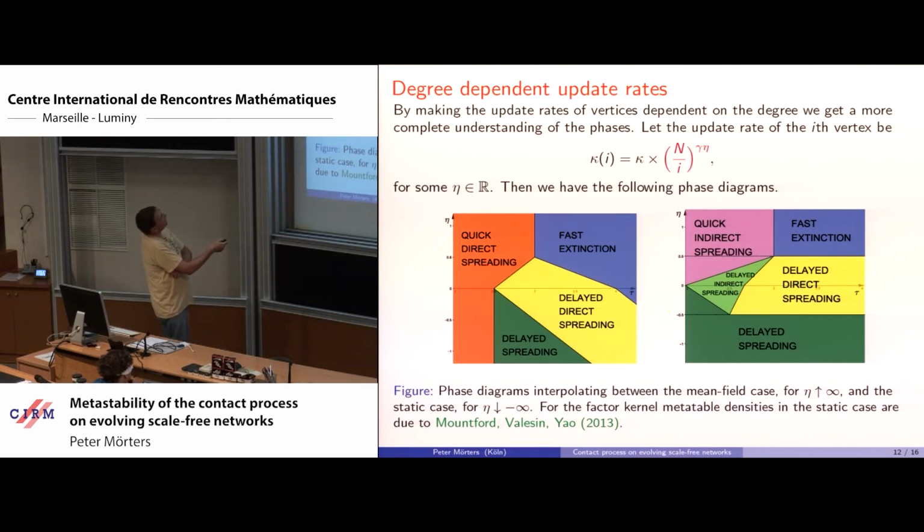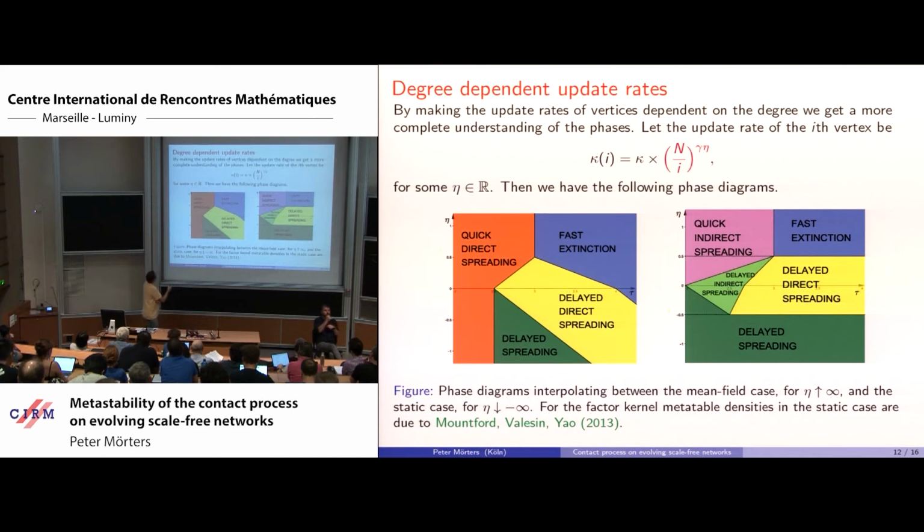And from eta equals 1/2 upwards, you see the mean field behavior. So you update so fast that it's just like every time you want to use an edge, it's already updated. Okay, so this is tau equals 3. This is the transition that was observed by Pastor-Satorras and Vespignani in the mean field case here. So then, when you look at this, this moves from 3 to 4 here, when eta moves from 1/2 to 0, and then it goes with a different angle on here.